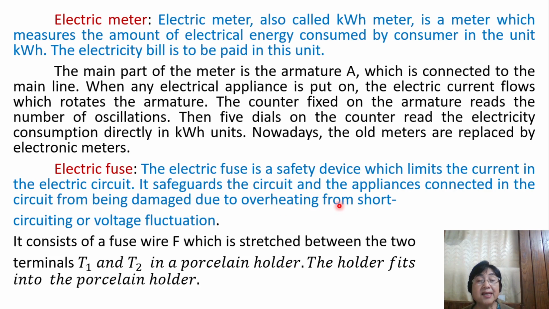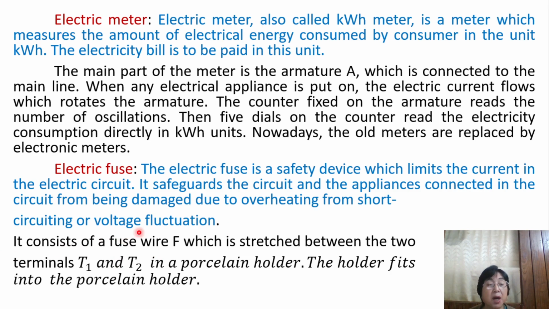Alright, and this excess current can come because of short circuiting or there is a voltage fluctuation. So when it gets overheating, it melts itself, and when it melts, it breaks the circuit. There is a break in the circuit, so no more current will pass into the circuit or into the appliance, and that's how it safeguards the circuit and the appliances, okay?